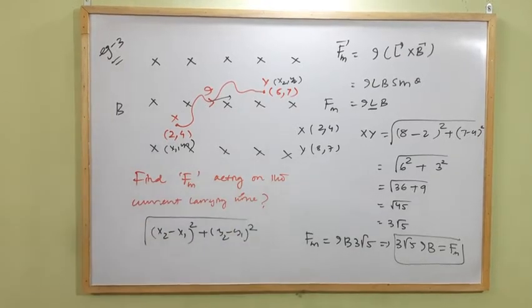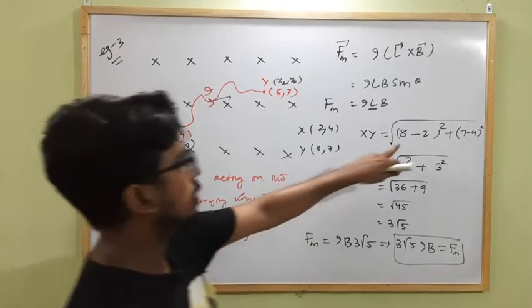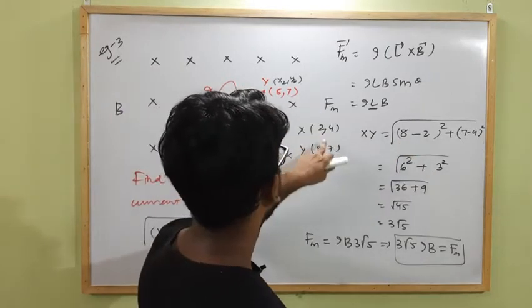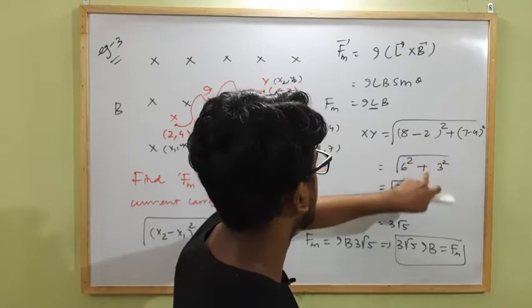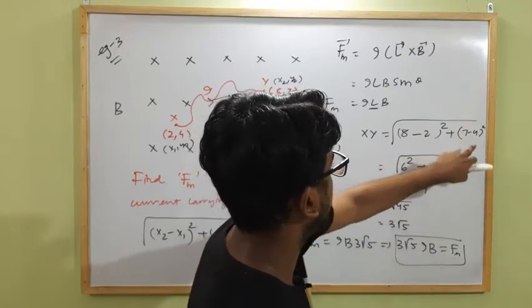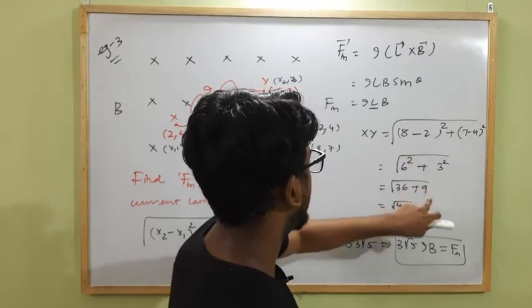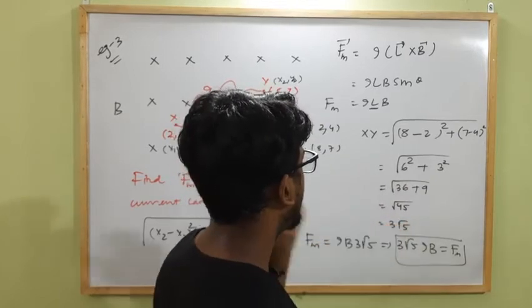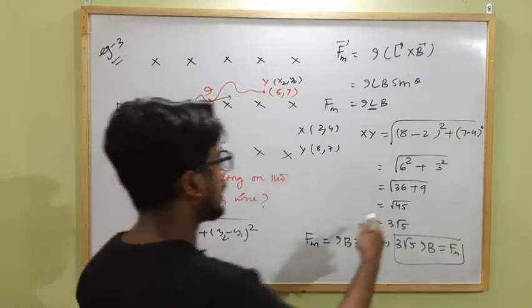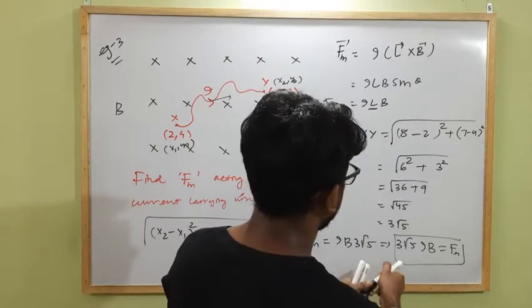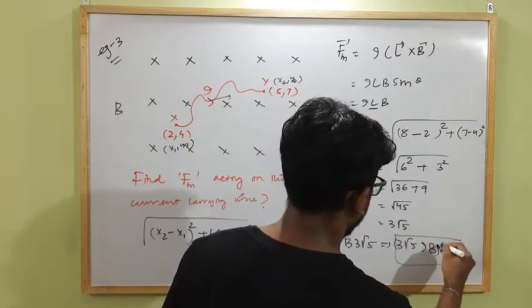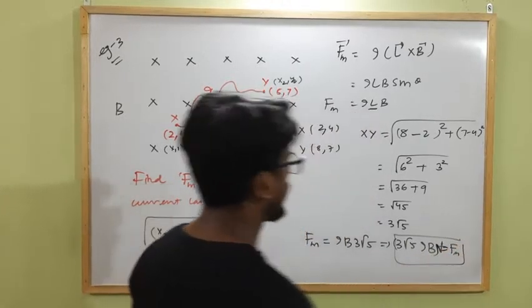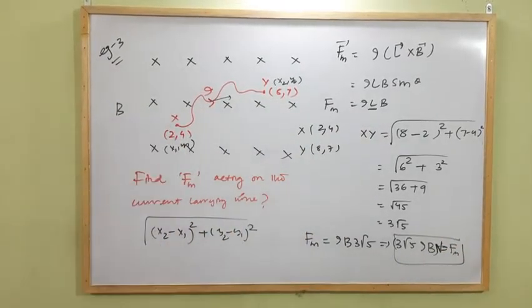Using 8 minus 2 whole square plus 7 minus 4 whole square, 6 square plus 3 square, 36 plus 9 is 45, which is 9 into 5, so 3 root 5. So this much will be the net magnetic force acting on this current carrying segment. Clear?